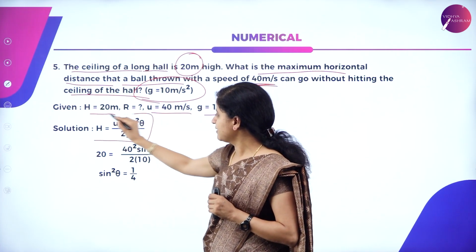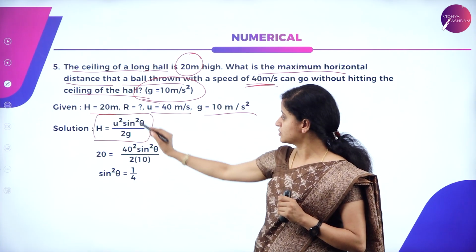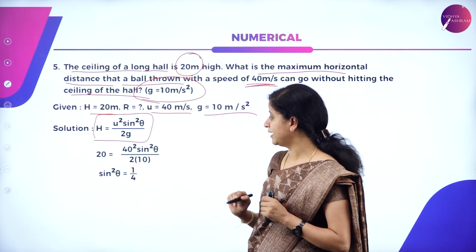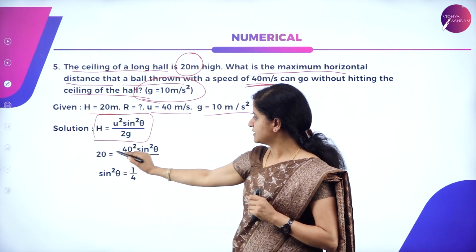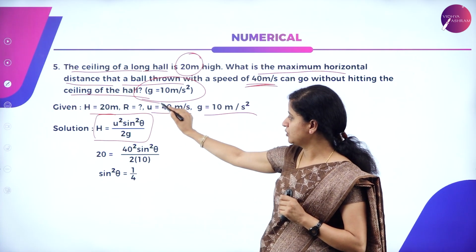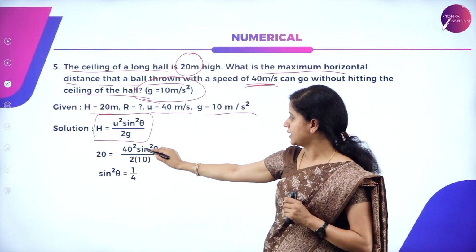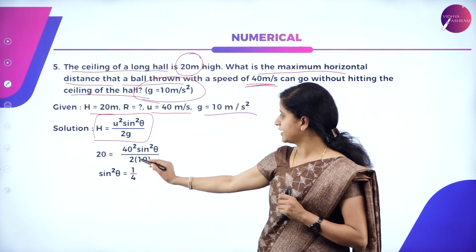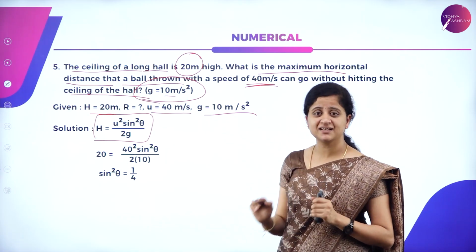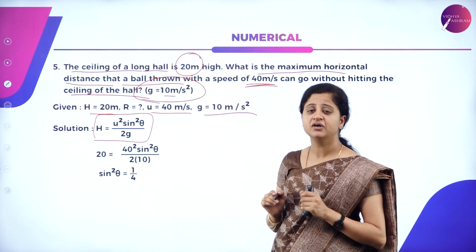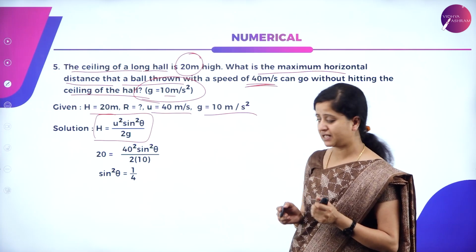Maximum height can be calculated by the formula u square sine square theta divided by 2g. Here we have h equal to 20, which is equal to u square, where u value is 40. So 40 square sine square theta divided by 2 into g. If the g value is given in the question as 10, let us take the value as 10 itself. If it is not given, then the value is 9.8.